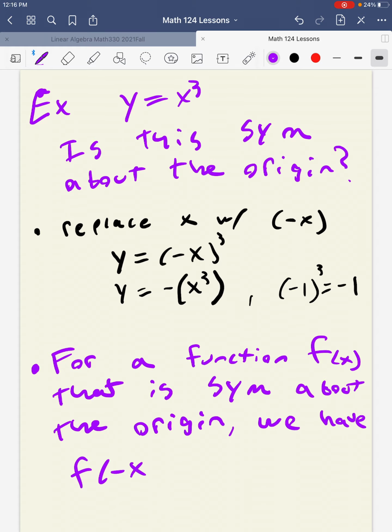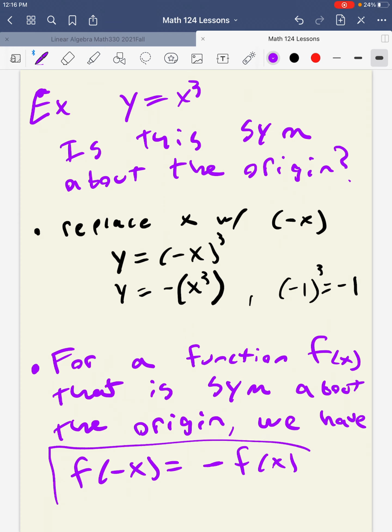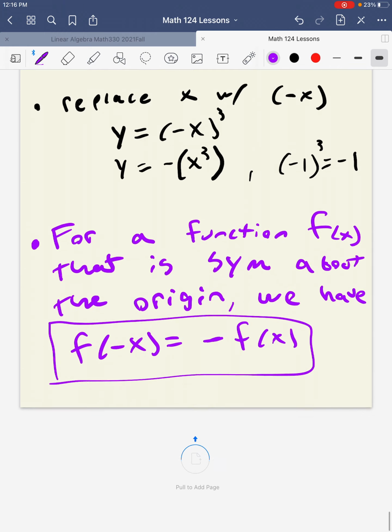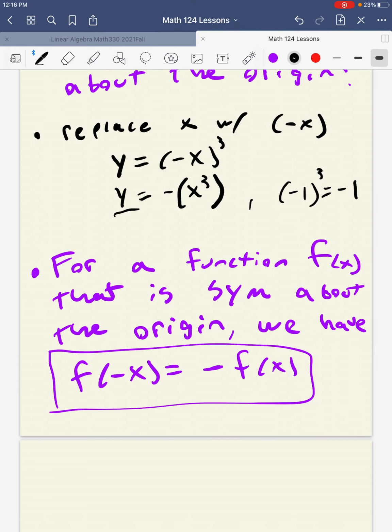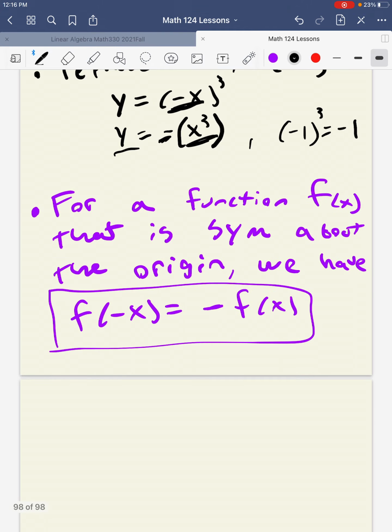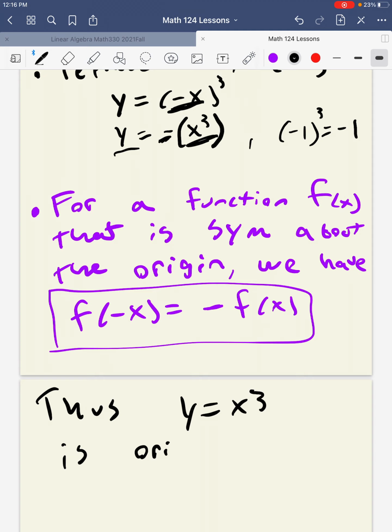If we plug in a minus x, we get the original function that we started with, but with a minus sign in front. So this is the test we can do for symmetry about the origin. And notice it worked. This passed the test here. We plugged in a minus x, we ended up with a minus sign in front of the original function. Therefore we can conclude y equals x cubed is symmetric about the origin.